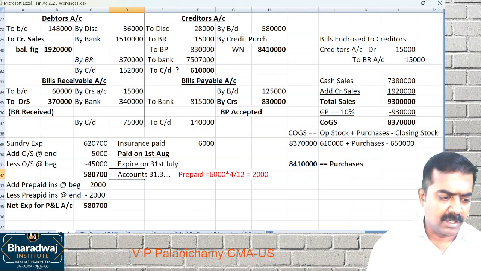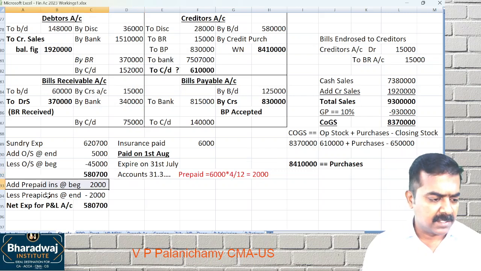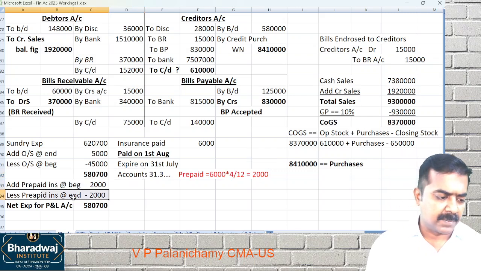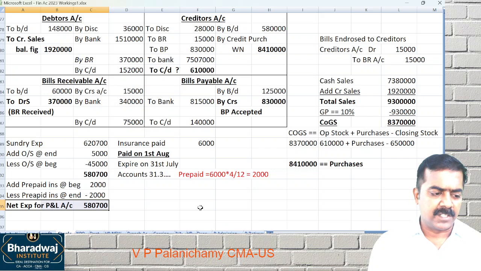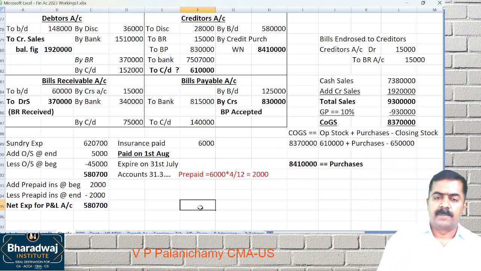Accounts are closed on 31st March, so 4 months are prepaid. Add prepaid expense at the beginning of the year minus prepaid expense at the end. The 2,000 at the beginning is given in the balance sheet, minus the prepaid insurance we worked out for 4 months. Net expense for the P&L account is 5,80,700.